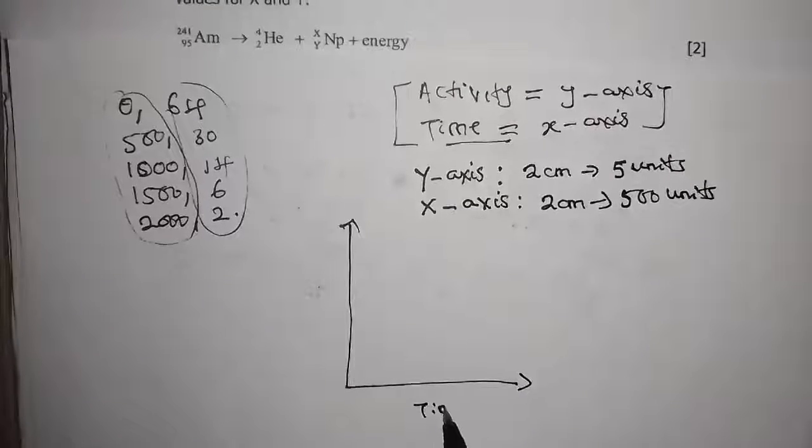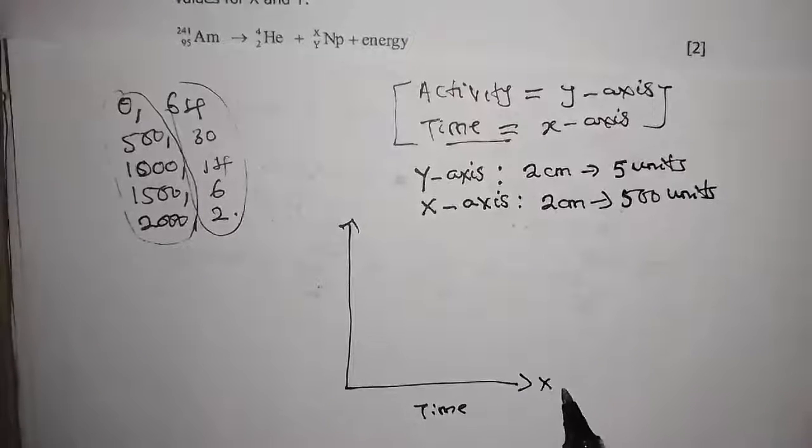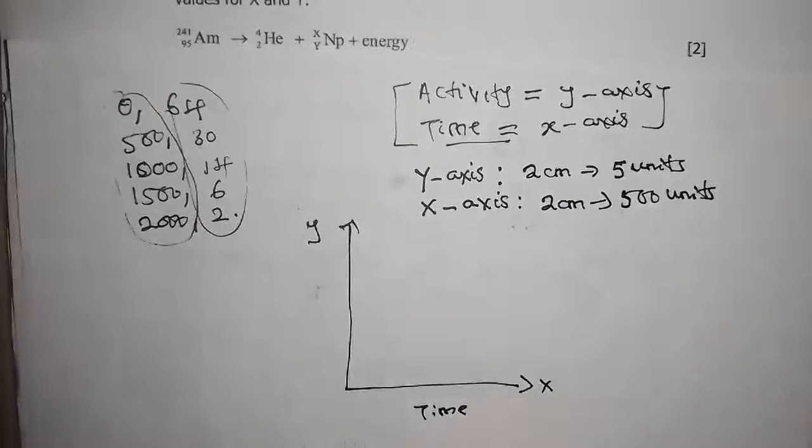So in this, this is x, which is time, and this is y. We know that the intersection is 0.